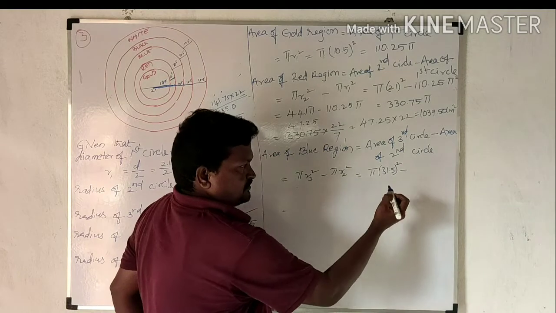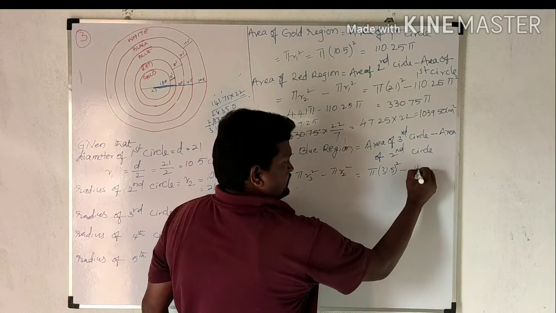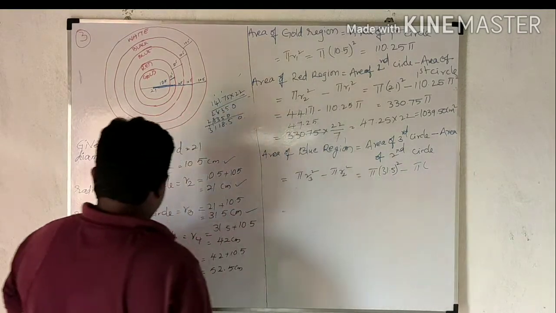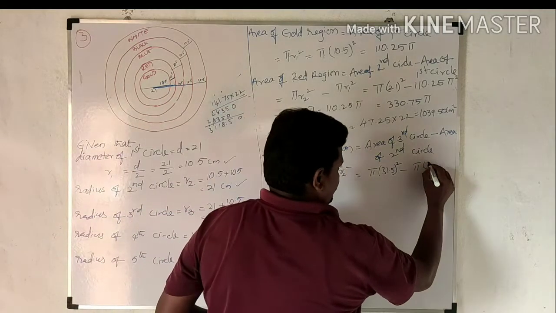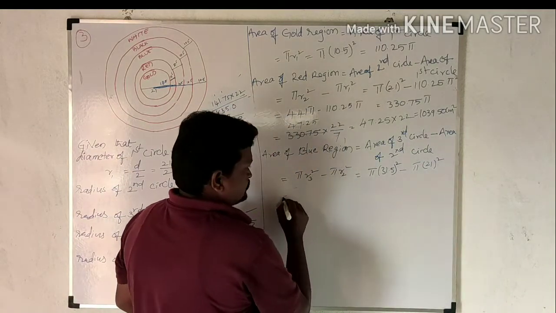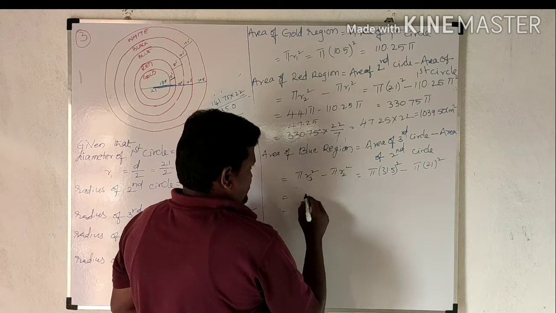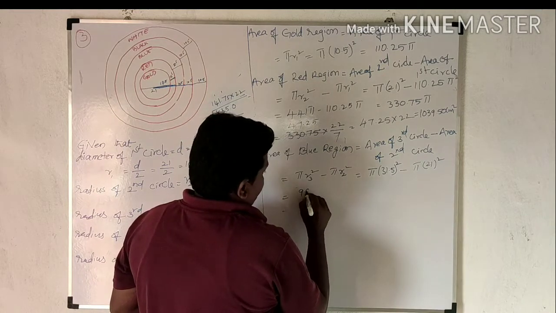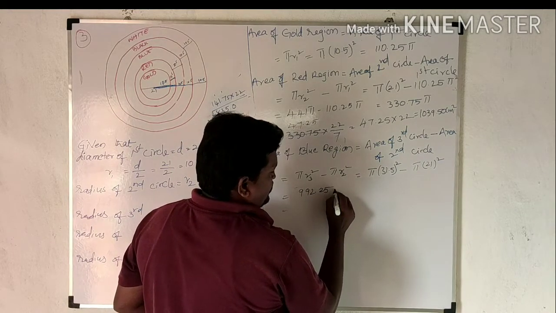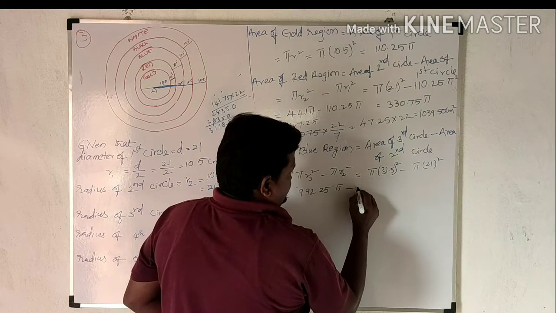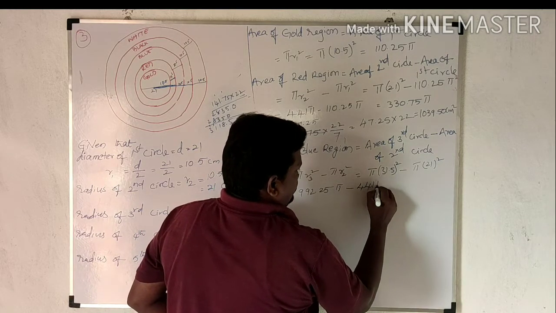Okay, here one mistake was done. Now see that pi R2 means, what is the R2 value? 21 squared. So this is 31.5 squared, which is 992.25 pi, minus this is 441 pi.